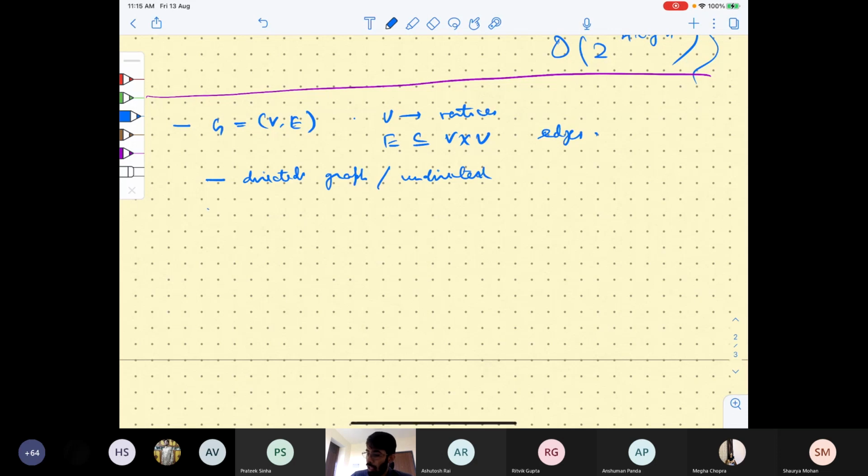You have concepts of adjacency, neighborhood. Again, you will need to refresh these if you are not familiar with these terms, because these must have been taught in the discrete math course. Okay. And we'll be using this. So N(v) is the set of neighbors of v.